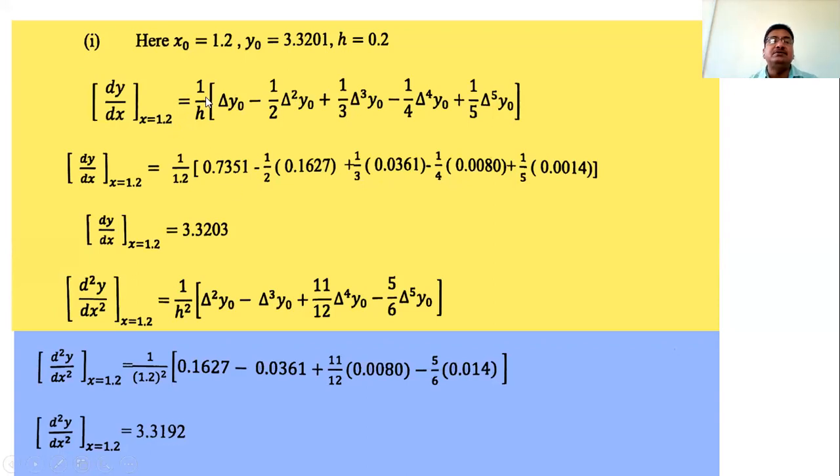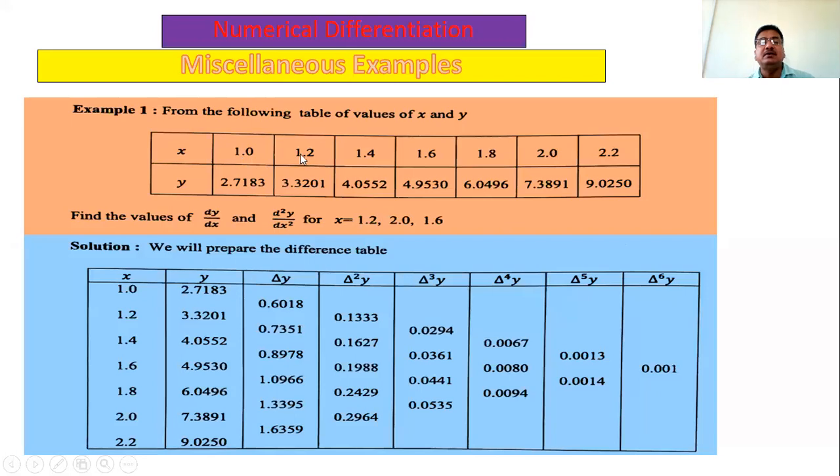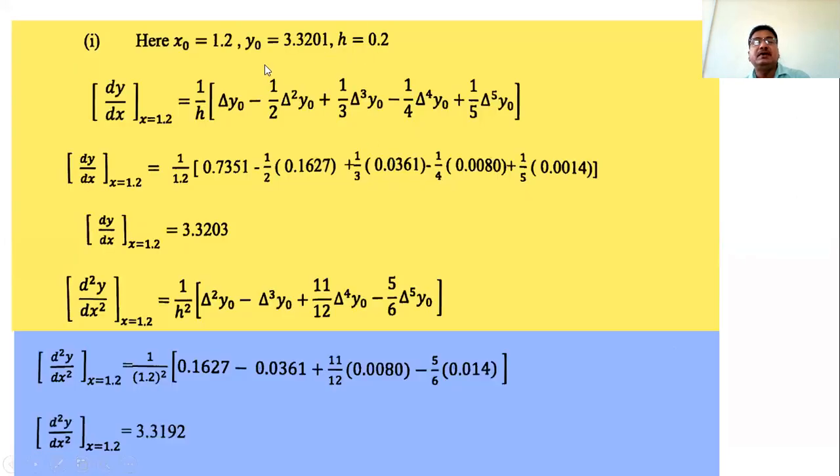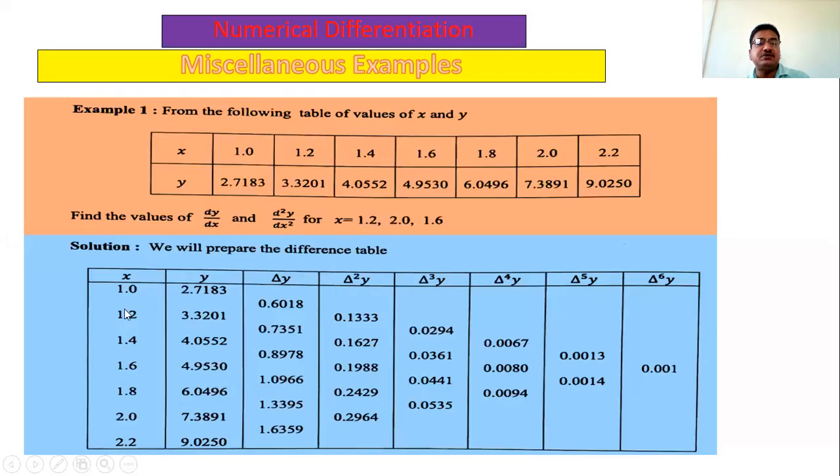And what are the values of all these quantities? That is 1 by h. h is 0.2. If you observe the values 1, 1.2, 1.4, 1.6, the common difference is 0.2. So h is 0.2, and x naught is 1.2.